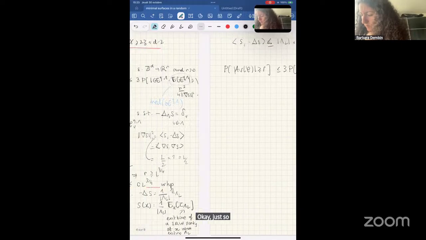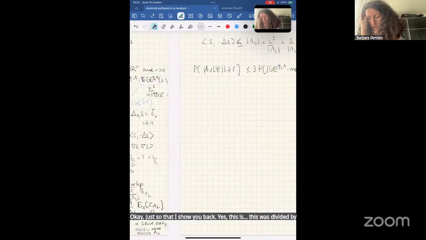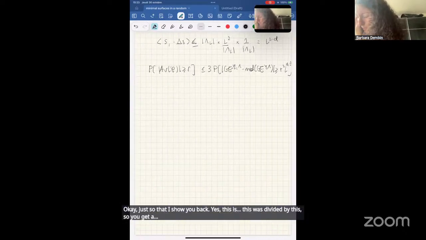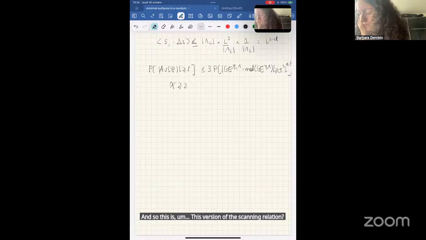Just so that I show you back, this was divided by this, so you get it with some constant. And so this is this version of the scaling relation, this direction, sorry.